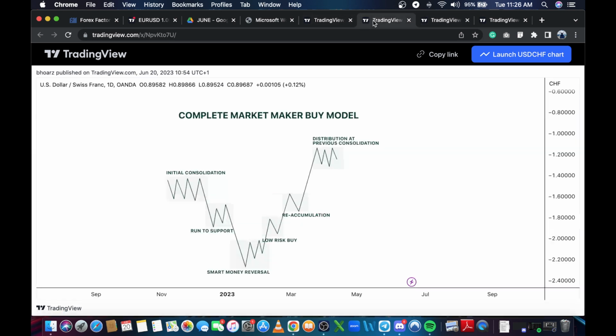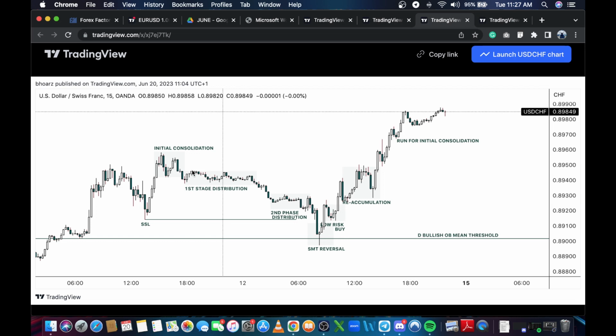I remember I talked about how sometimes this could have two phases of distribution, not just one. Now, you can have one phase of distribution, and you can also have two phases of distribution. So this is the first day distribution where the market consolidates, and here, as the market goes up into this, commercials start to hedge into longs, and they buy here.